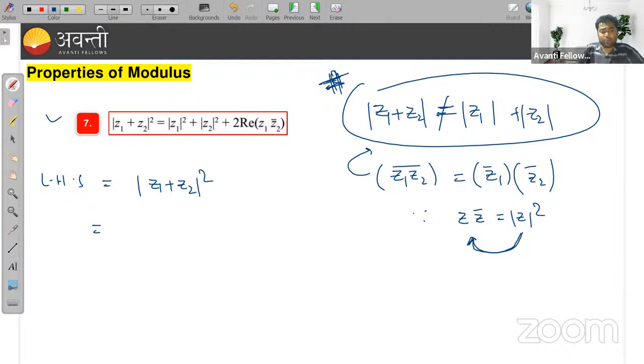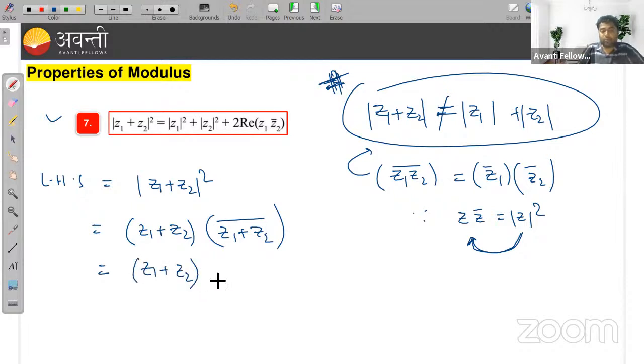So similarly here also we can write Z1 plus Z2 into the conjugate of Z1 plus Z2. We can use this property and again use the properties of conjugate here. We can write the conjugate of Z1 plus Z2 is equal to the conjugate of Z1 plus the conjugate of Z2 also. Yes or no?